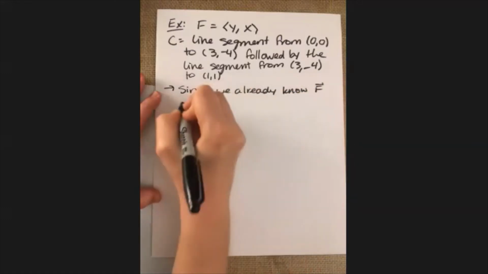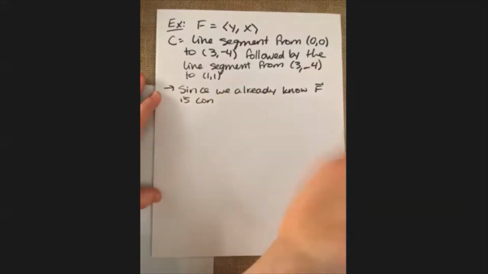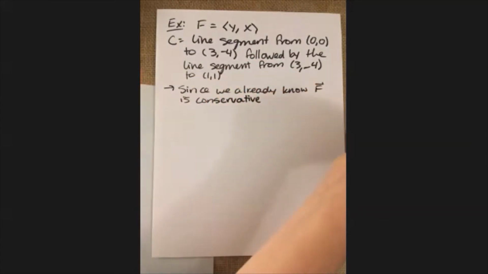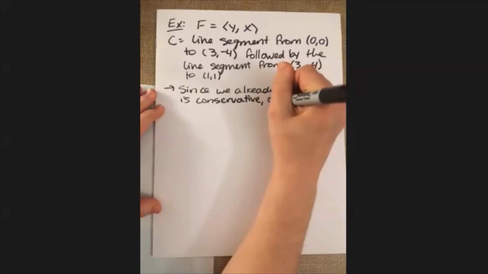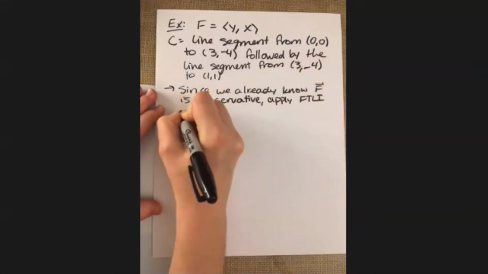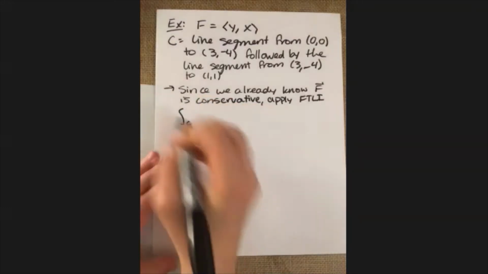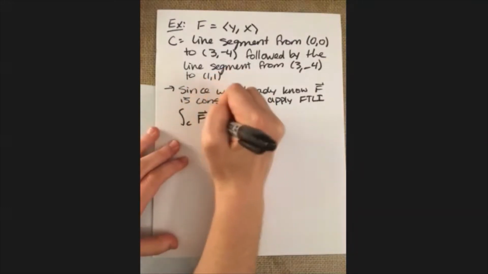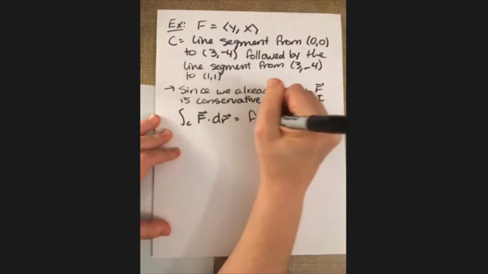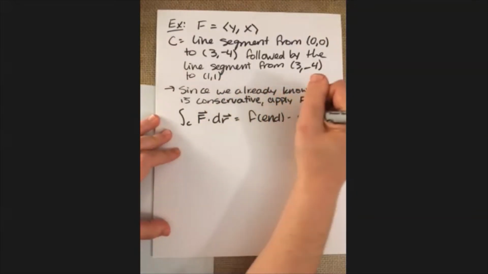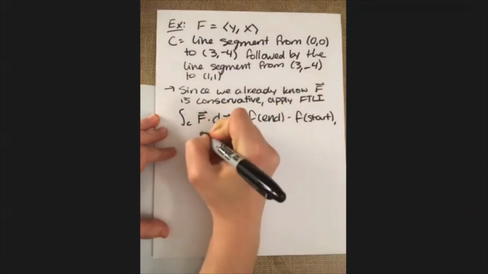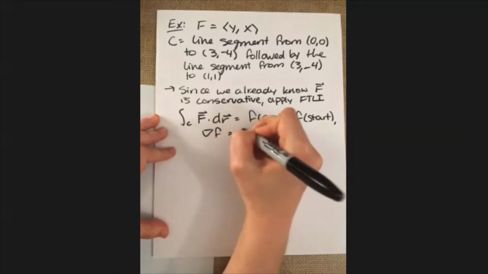Okay, so again, since we know that f is conservative, because we were given at the very beginning of this that f is conservative, we apply the fundamental theorem of line integrals. So the integral over the curve of f dot dr, which is what we want to compute, is equal to the potential function evaluated at the end minus the potential function evaluated at the beginning, where we find our potential function knowing that the gradient of it is equal to our vector field.